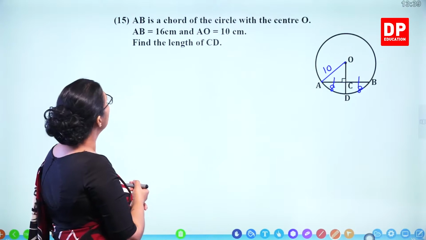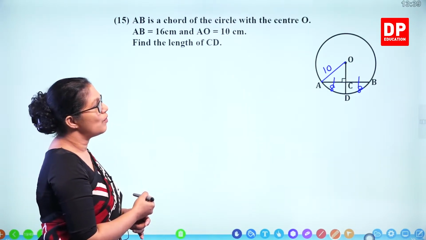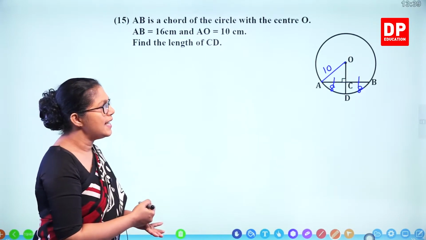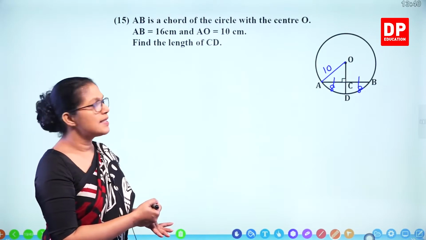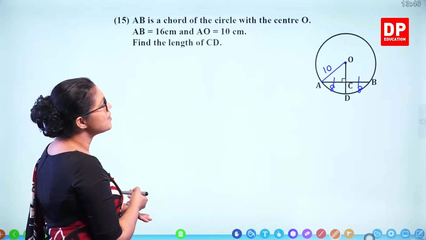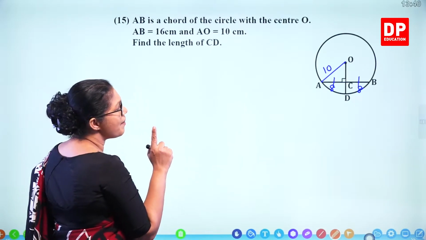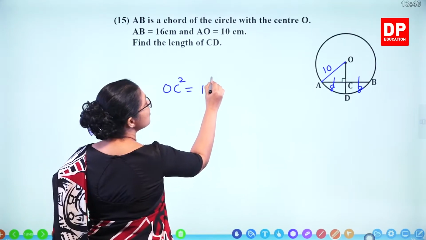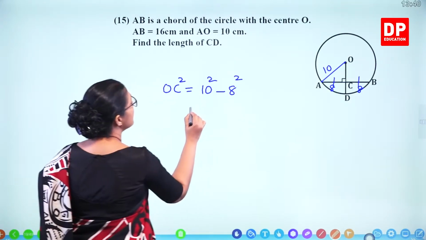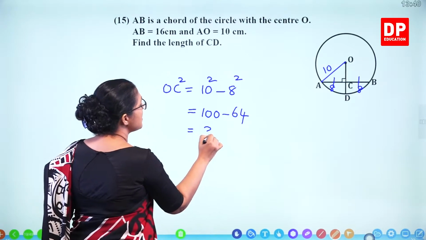Now they are asking to find the length of CD. So if we know OC, you can subtract from OD to get CD. So what is OC? According to the triangle, you can use Pythagoras theorem. OC² is equal to 10² minus 8². 100 minus 64, you get 36.